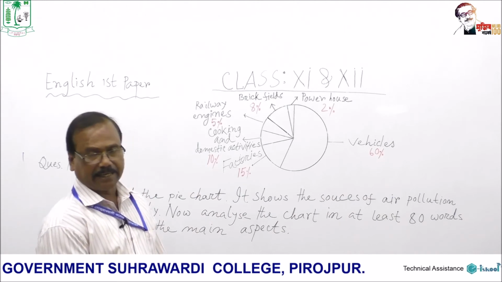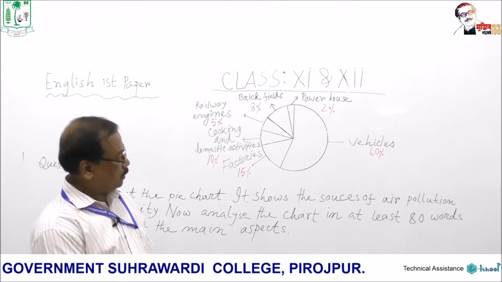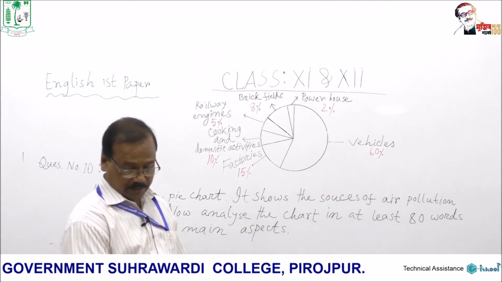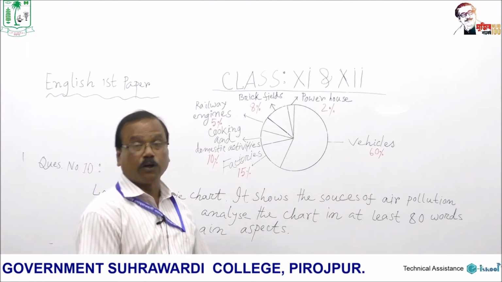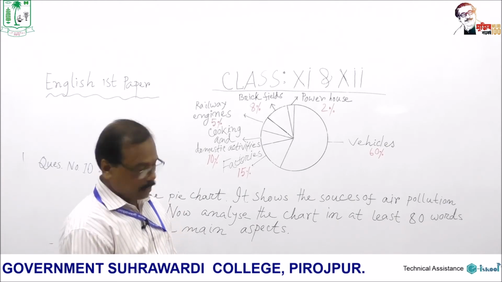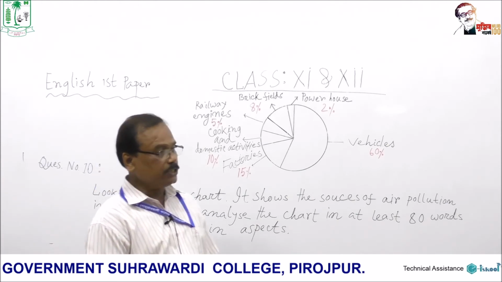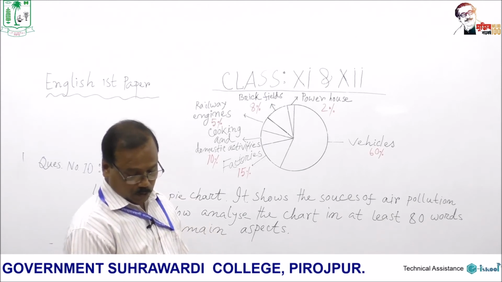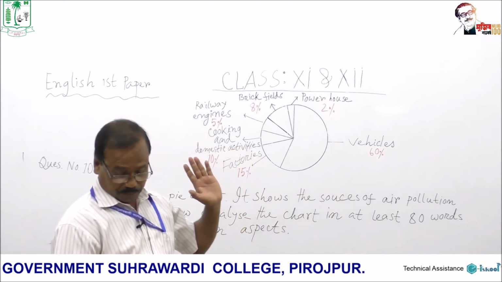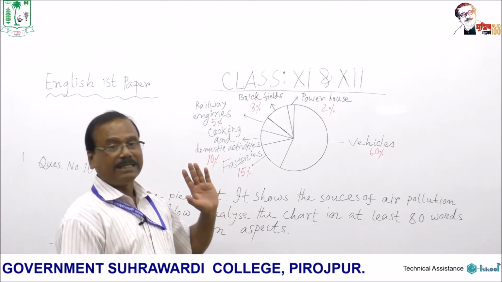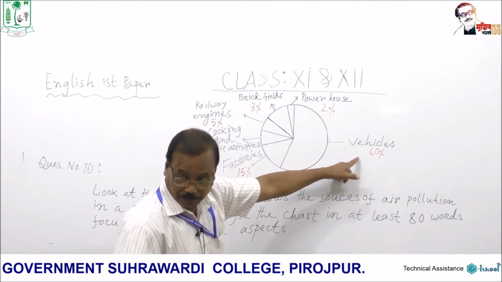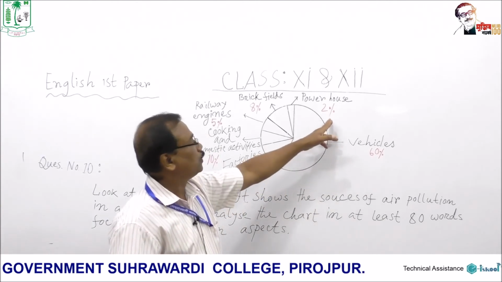On the other hand, vehicles pollute the highest percentage, that is 60%, and the lowest is powerhouse, which amounts to 2%. You can also make it easier by writing, it is 60% and it is 2%.